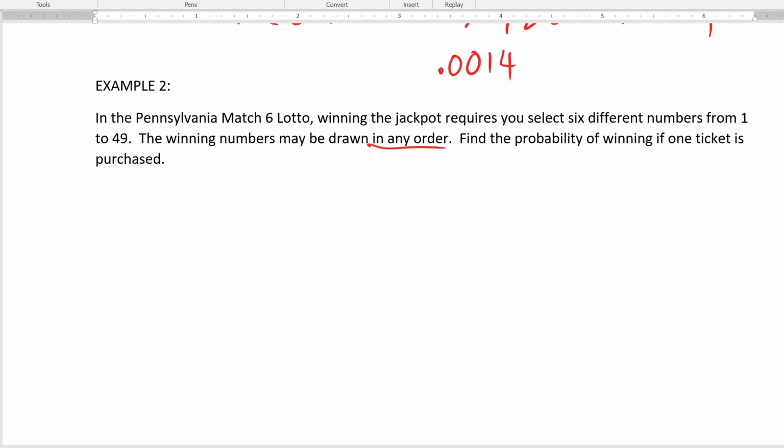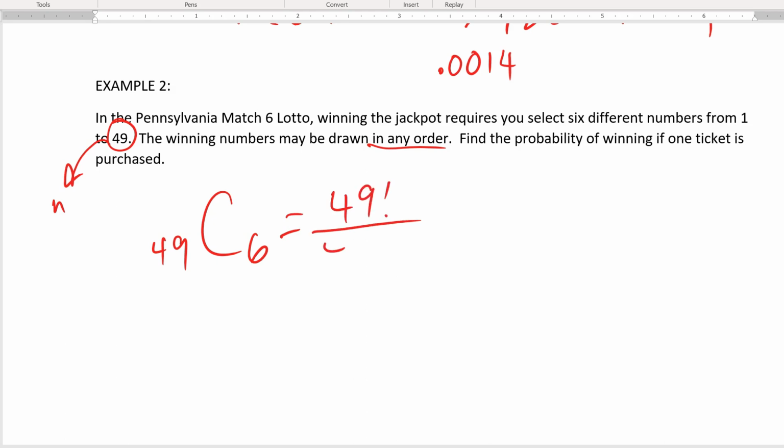So is this a permutation or a combination? If order does not matter, that makes this a combination. So our N, we have 49 numbers, and we are choosing 6. If you like your formula, 49 factorial over 49 minus 6 factorial, and then another 6 factorial.